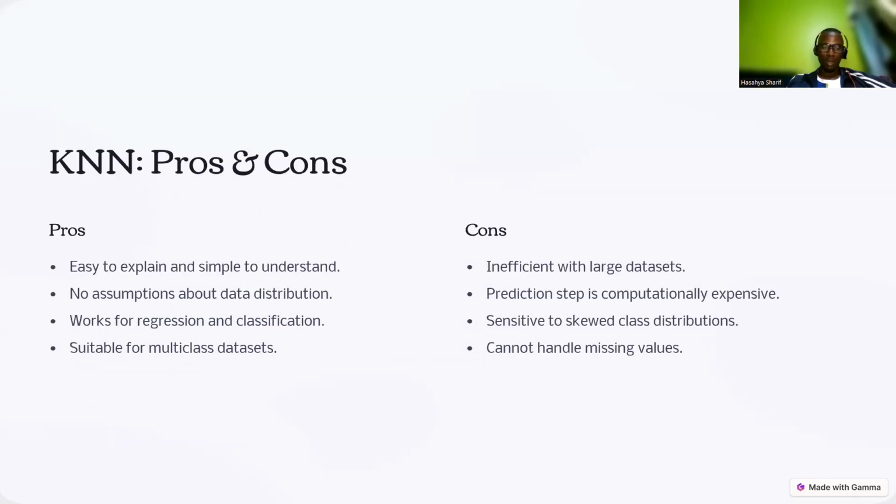Some of the pros, one, it is easy to explain and it's simple to understand. Given the example that we did, it's easy to find the majority neighbors. There are no assumptions on data distribution. It also works for regression and classification, so it works for supervised learning, then suitable for multi-class data sets.